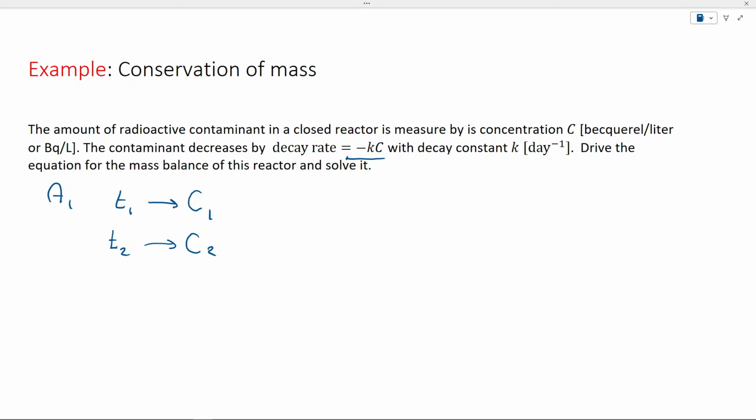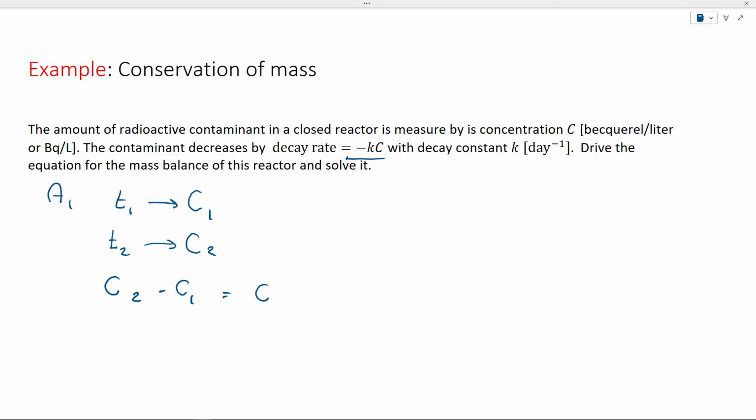Here, we can say the concentration C2 minus concentration C1 is equal to the change in concentration.